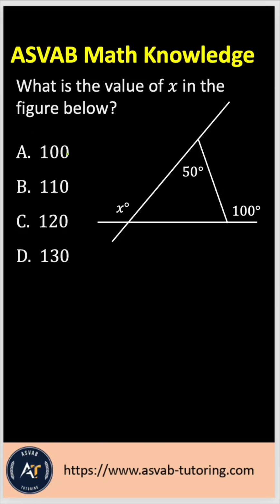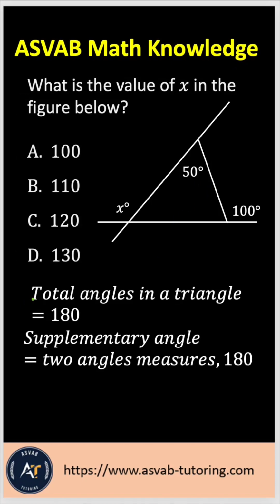Let's practice a geometry related problem you might see on the actual ASVAB test. The question says, what is the value of x in the figure below? Okay, so if you want to solve any kind of angle related problem of a triangle, you should know these two concepts. The total of the angles of a triangle is 180 degrees, and supplementary angles add up to 180 degrees, right?